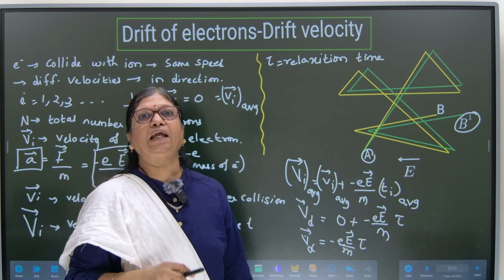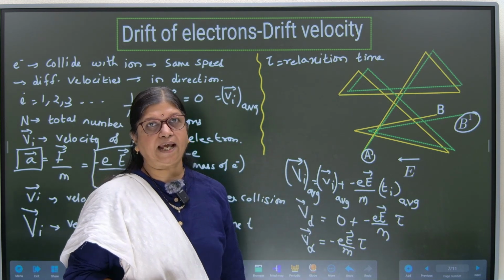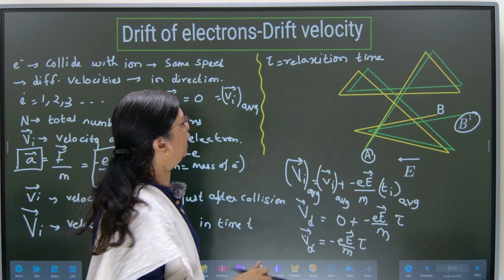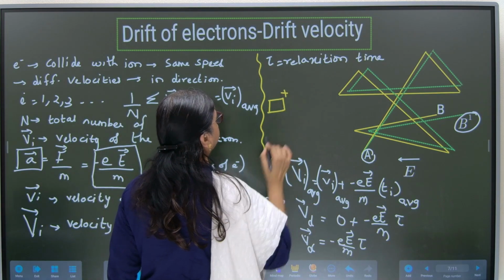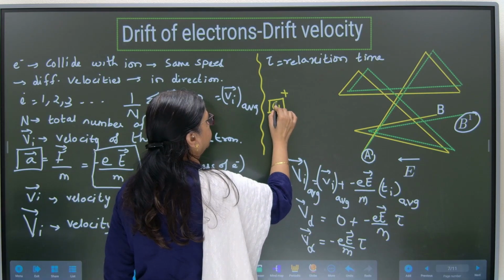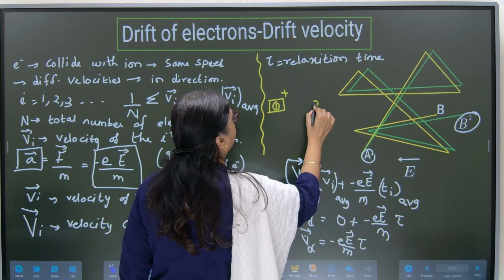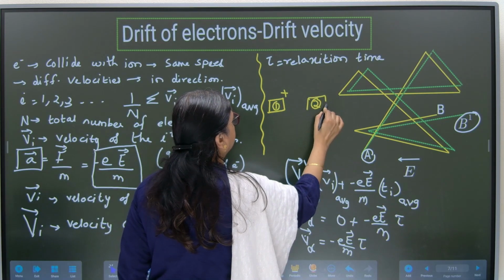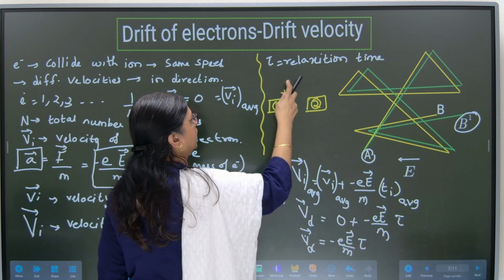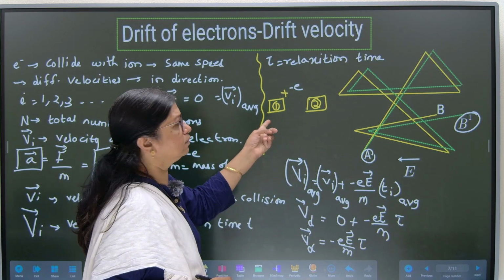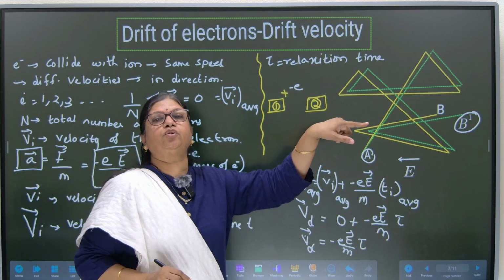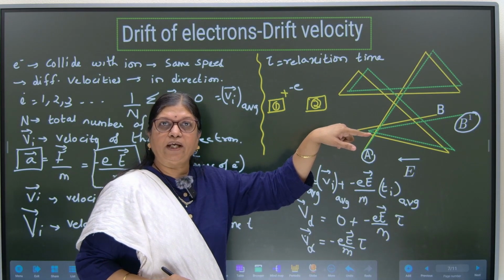Now let me explain what this relaxation time is. Consider an ion 1 and an ion 2. We have this ith electron colliding with ion 1, then going to ion 2 and colliding.